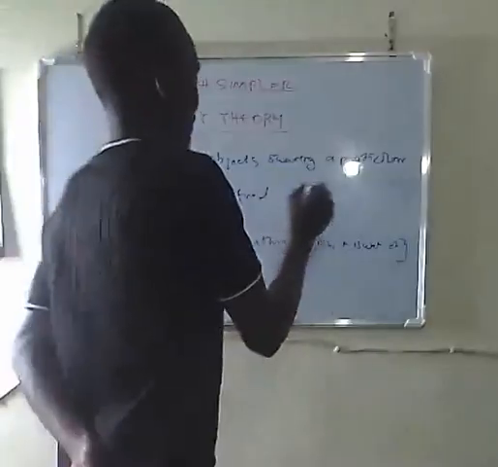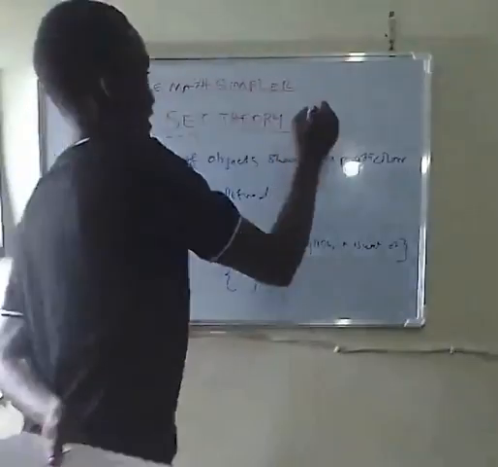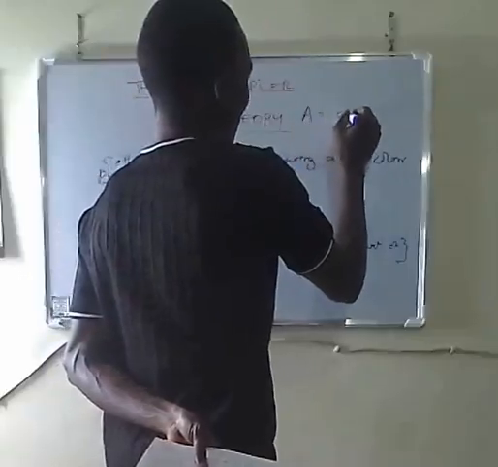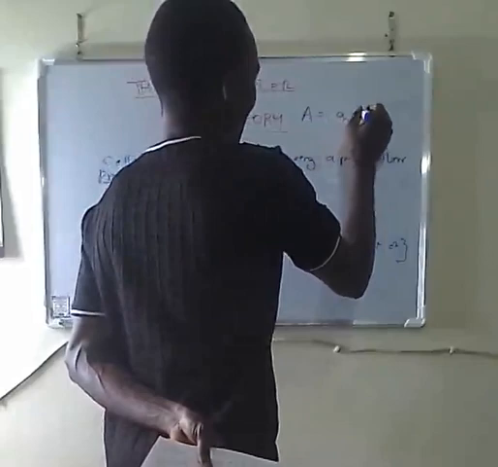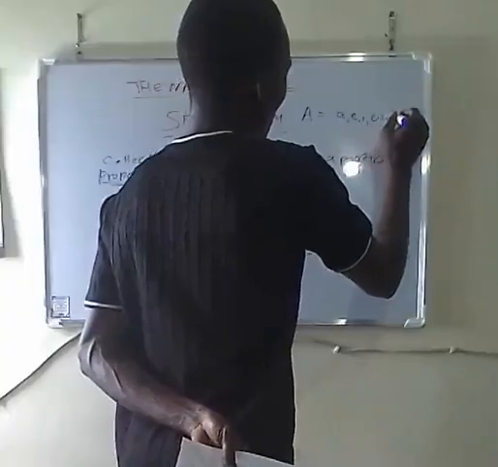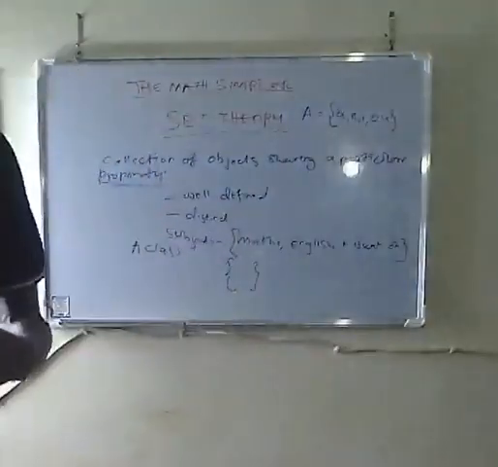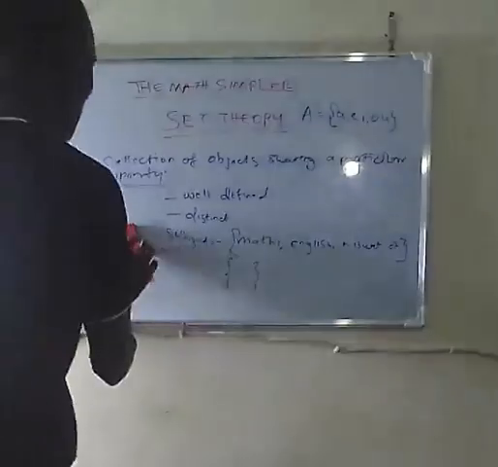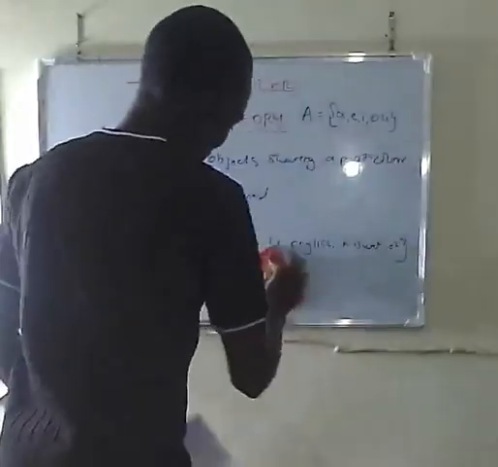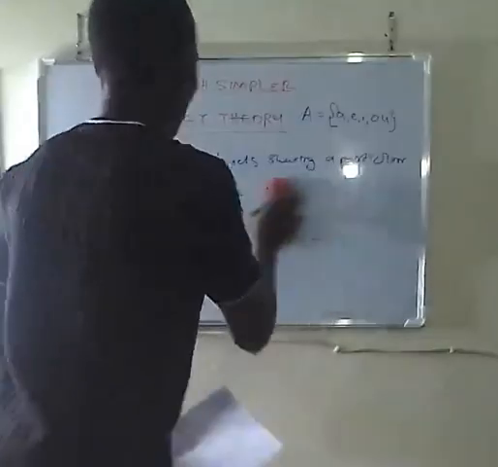For example, we have a set of vowel letters, let that set be A: A, E, I, O, U. There is also another type of set. Those are examples of sets.